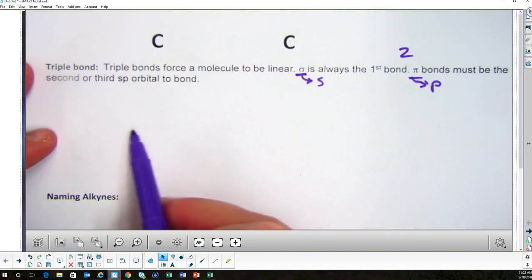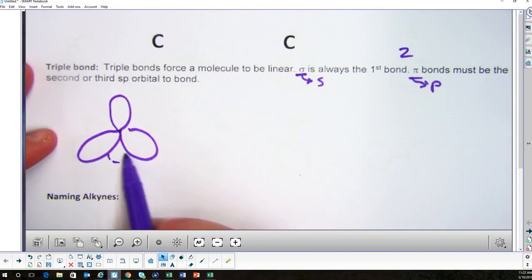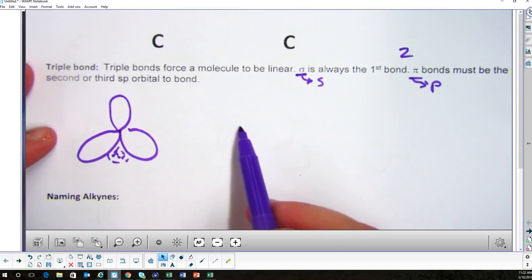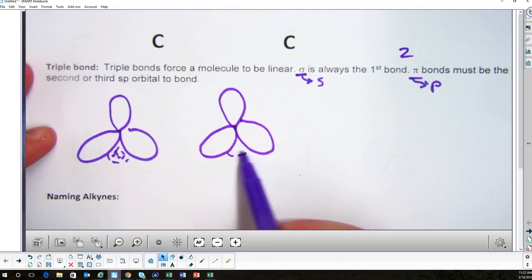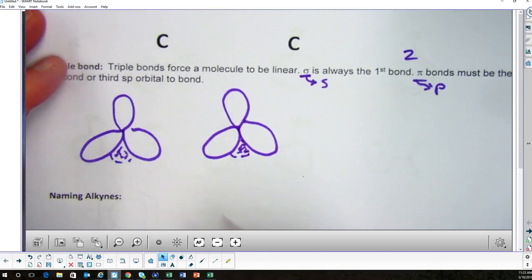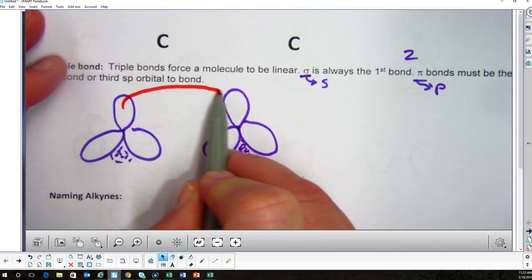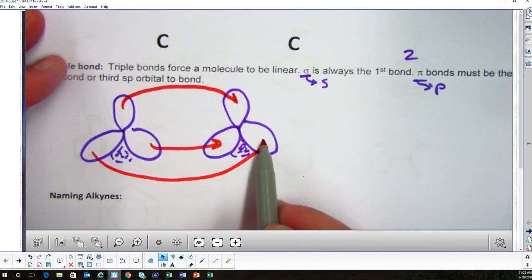So we have this tetrahedral shape that we've made down here, and I'm going to do that shaded part back in the back. And we have another one that's also been hybridized with our little shaded person back in the back. And in order to do a triple bond now, because the S and P are all about the same, we have to bond this one to this one, this one to this one, and this one to this one.